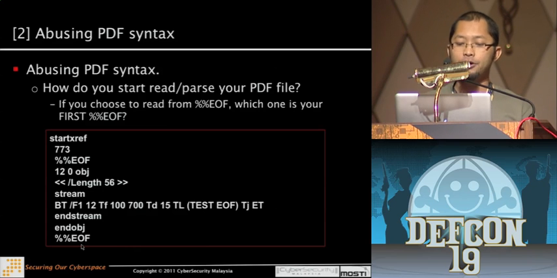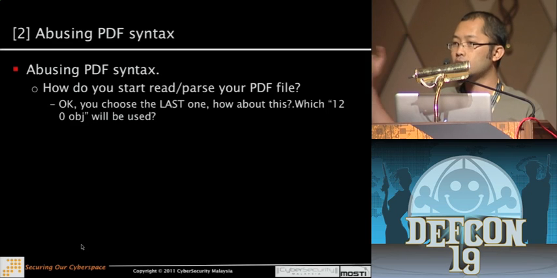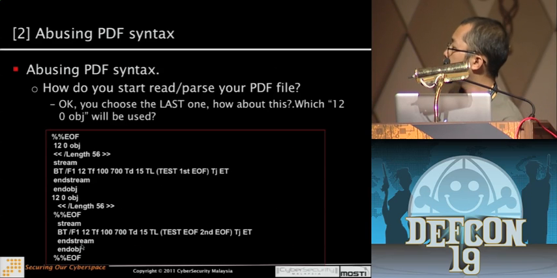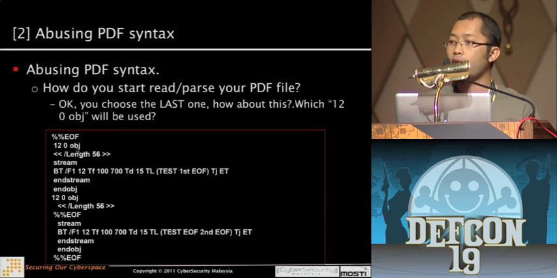And then, for example, if you choose the last one, and then how about this? If you choose the last EOF and take a look at object 12, in this xref you have multiple object declarations for object 12. For example, you have one, and you have two here.